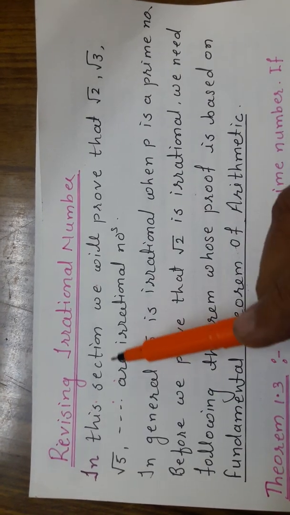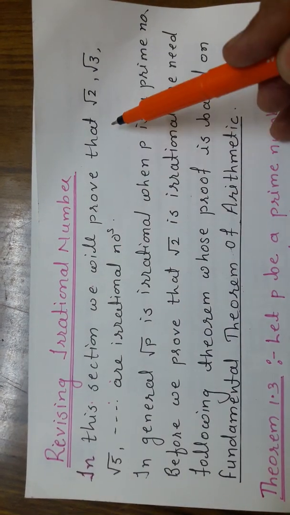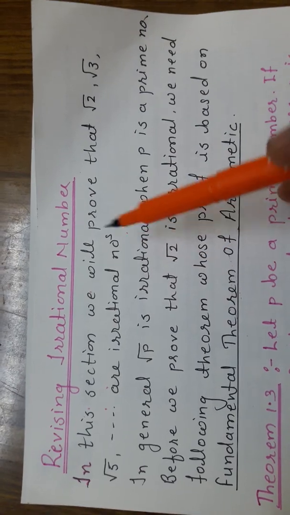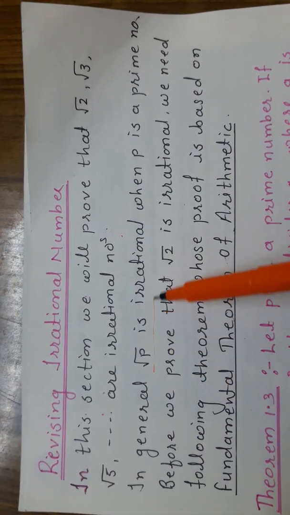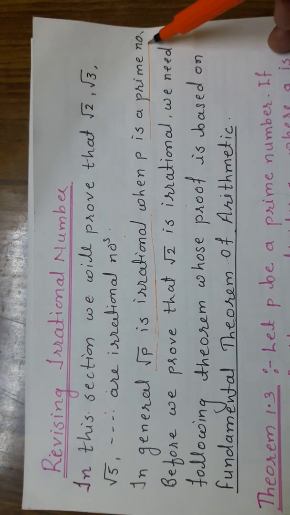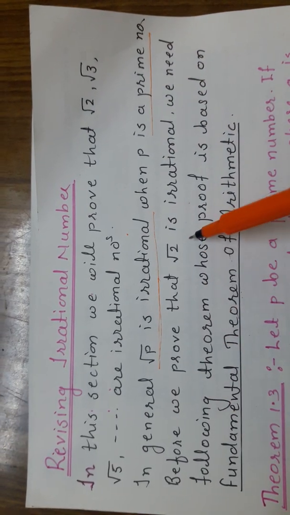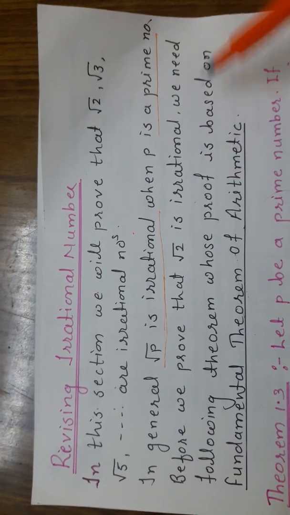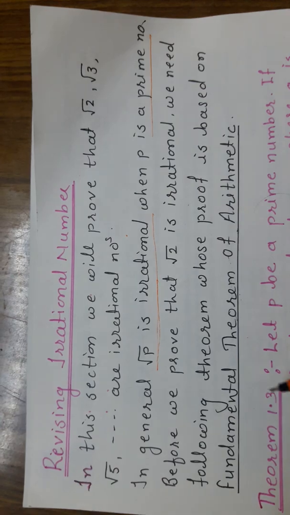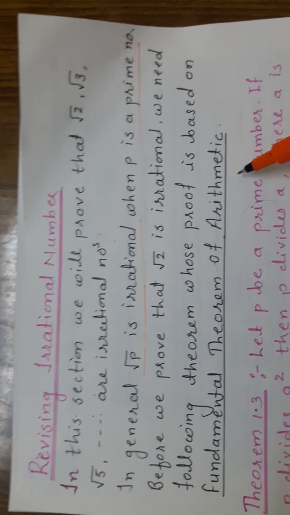In this section, we will prove that root 2, root 3, root 5 are irrational numbers. In general, root P is irrational when P is a prime number. Before we prove that root 2 is irrational, we need the following theorem whose proof is based on the fundamental theorem of arithmetic.